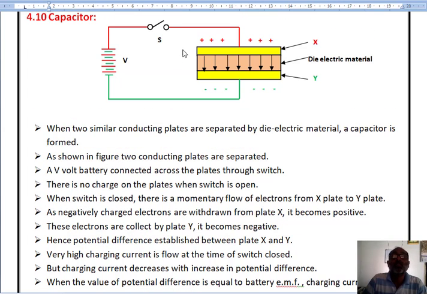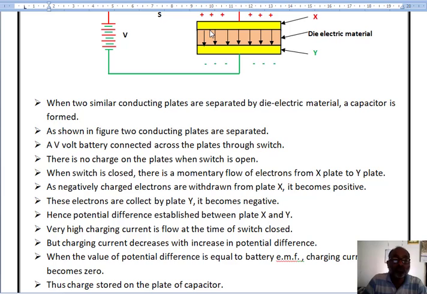Now when the potential difference across plates X and Y becomes equal to the EMF provided by this battery, suppose here 5 volts is established on this plate, and here also 5 volts, so the potential difference is 5 minus 5, 0. That means there is no current passing through this circuit.